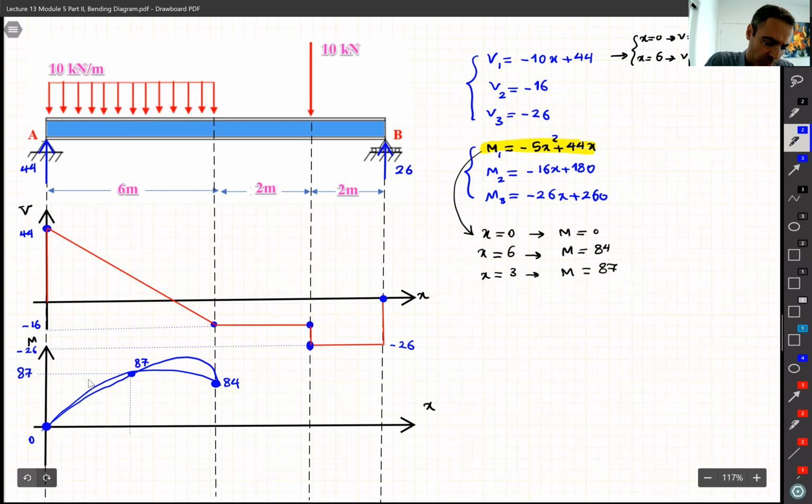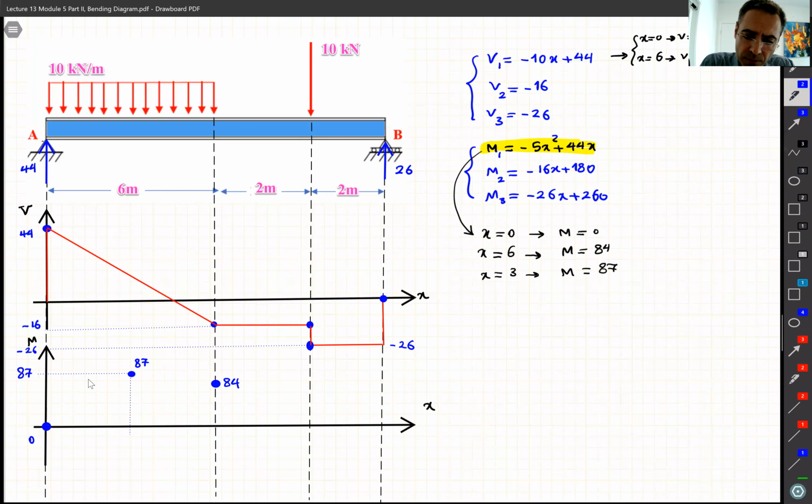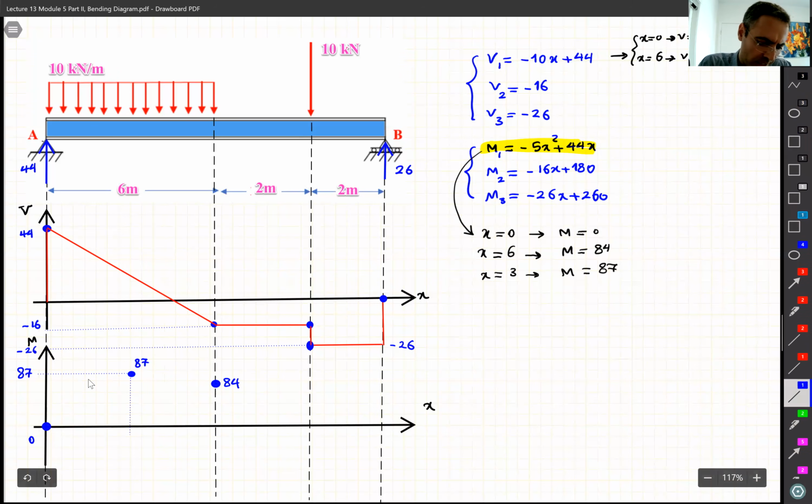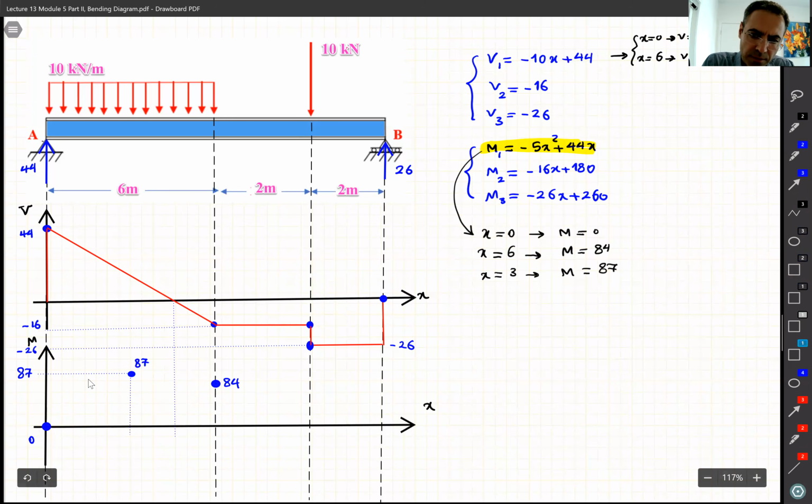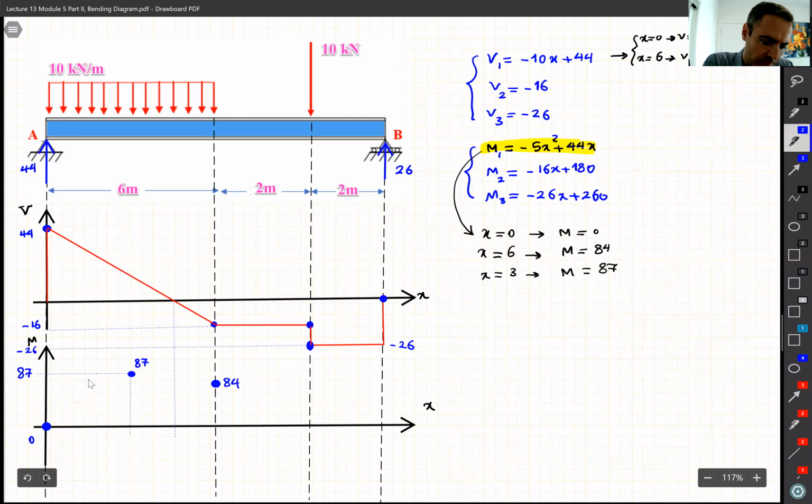So it's better to find another point, and I suggest we look at not a random point, maybe this point when V is 0, right? Here V is 0. See this point? It crosses the axis. We are curious to know, when V is 0, what is M?